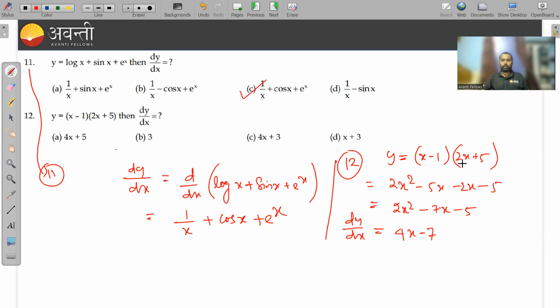2x square, oh, this is correct. Minus of this is plus x, right? This is plus x, so this becomes 3x. Okay, and this becomes 3 minus 2, 4x.